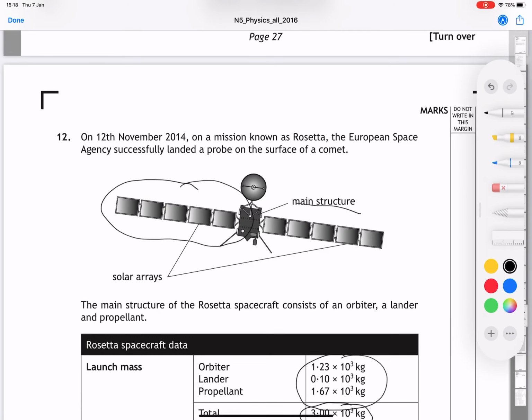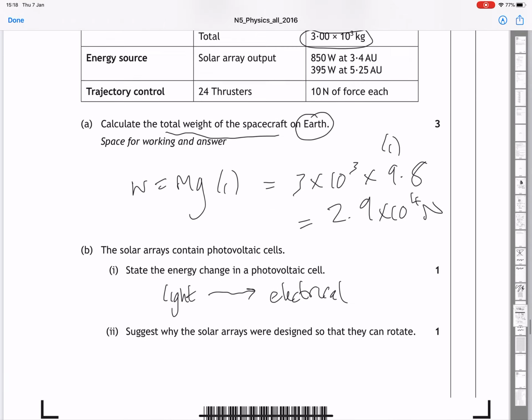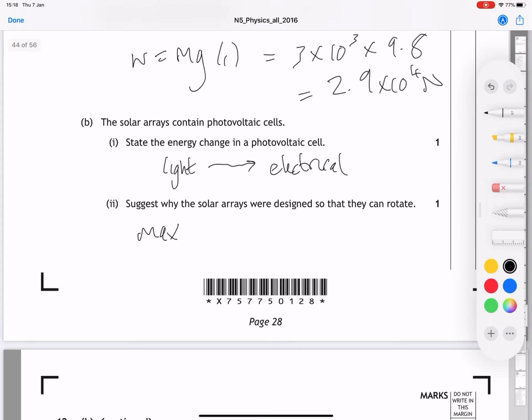These need to take in light energy, and sometimes the sun might be behind the structure, it may be in front, it may be at the side. So a good idea is to have these rotating so it can maximize the amount of light received. 1 mark.